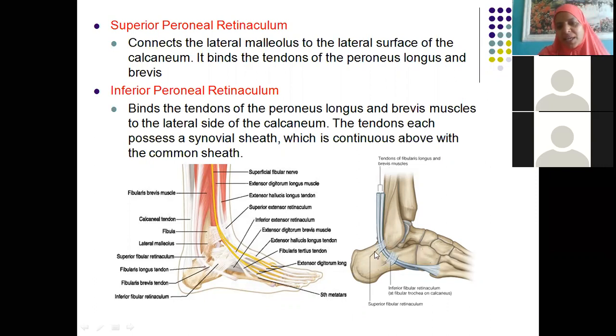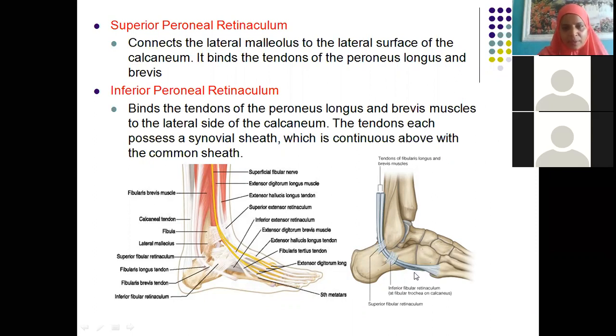So one is the thickening above and the other thickening is below. The superior peroneal retinaculum extends from the lateral malleolus to the lateral surface of calcaneum. It is giving passage to peroneus longus and peroneus brevis. Then coming to the inferior peroneal retinaculum, the same tendons are going into the sole now.